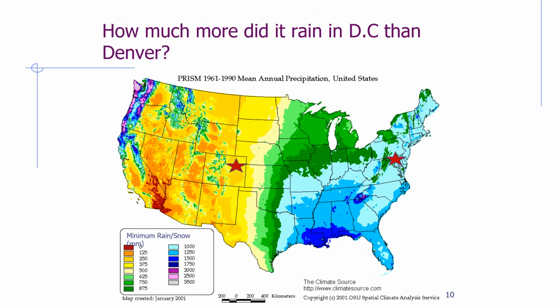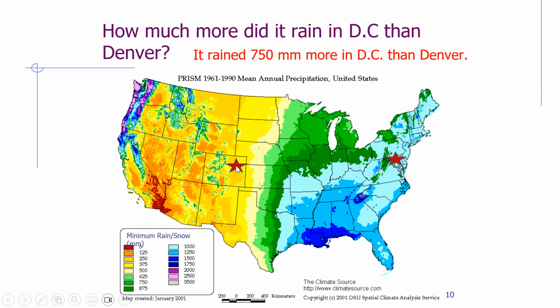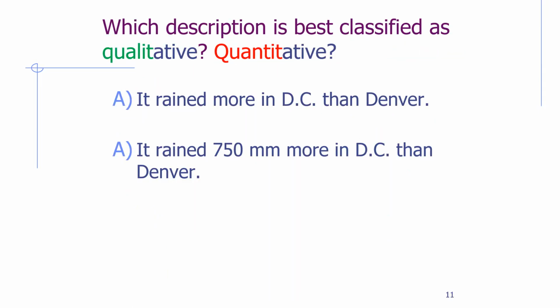I don't know. That's how I feel. So if I do this, I find that it rains 750 millimeters more in DC than in Denver. This was 1,000, the light blue, and this was the darker color, the 250. 1,000 minus 250. It rained 750 millimeters more in DC than in Denver.